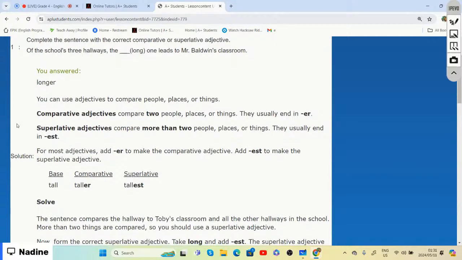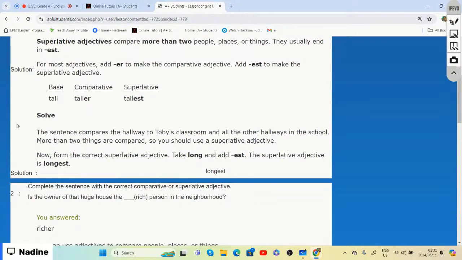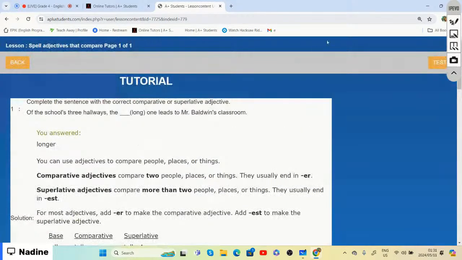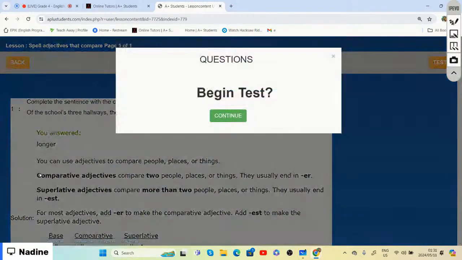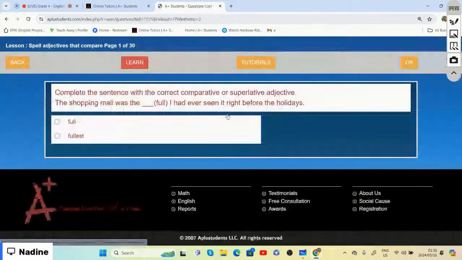All right. So now we're going on to a test where we are going to spell adjectives that compare. So we're going to complete the sentence with the correct comparative or superlative adjective. It says the shopping mall was the, do we say it was the full I've ever seen right before the holidays, or it was the fullest?